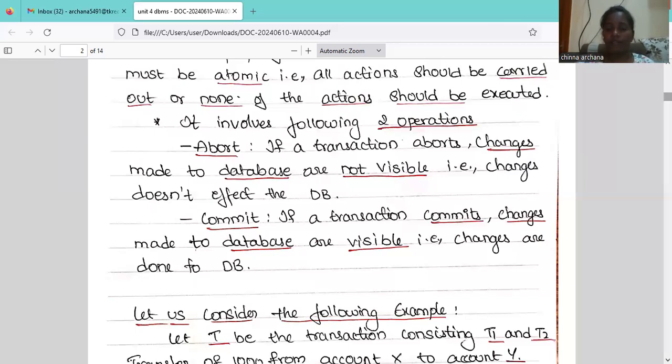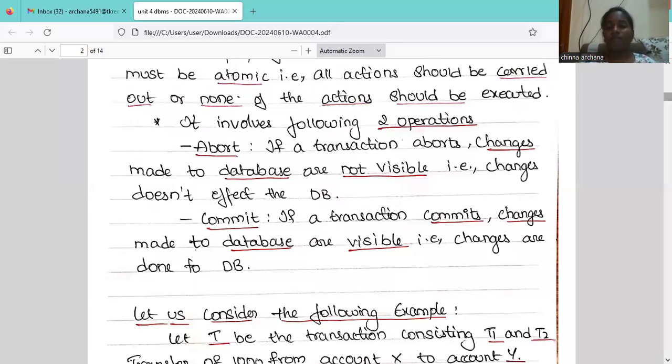I repeat, whatever changes are to be done to the database are not changed in the database. Whatever changes have happened up to the system failure are rolled back. That means they are aborted. The changes are not reflected in the database.